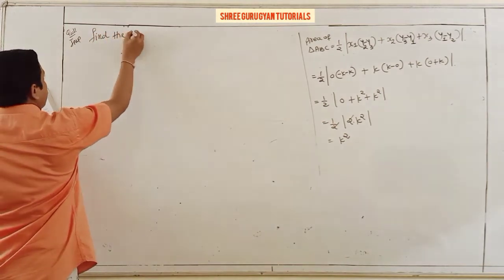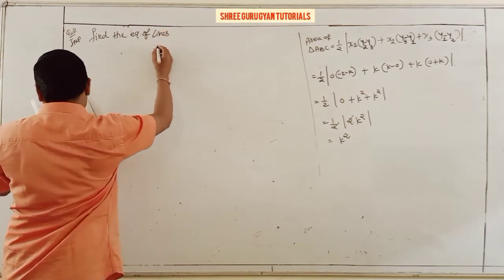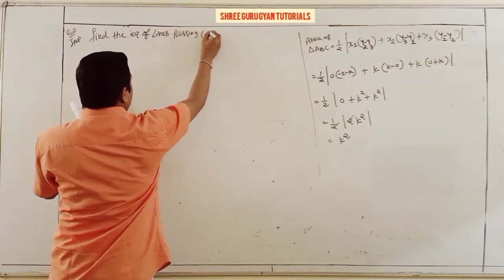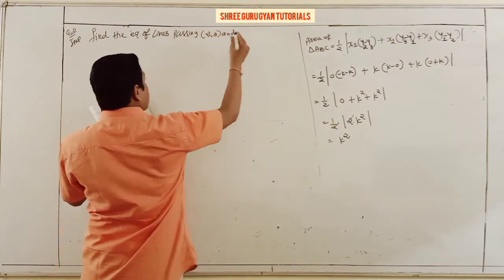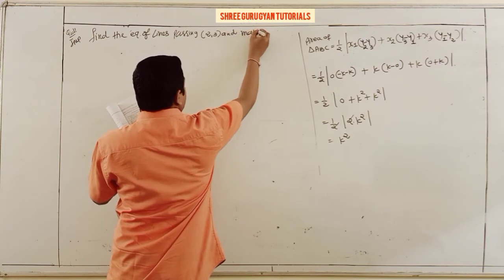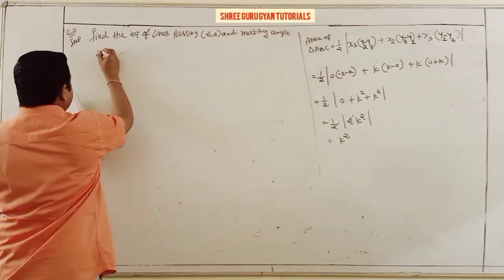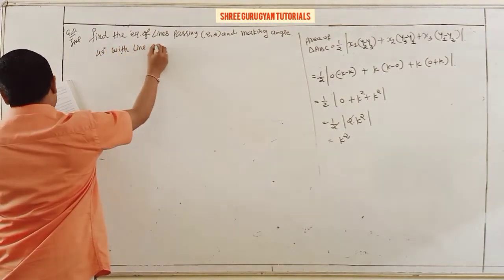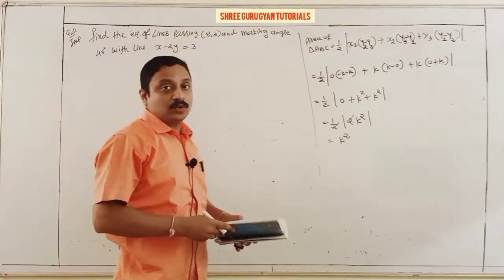Find the equation of lines passing through 2, 3 and making angle 45 degree with the line x minus 2y is equal to 3.